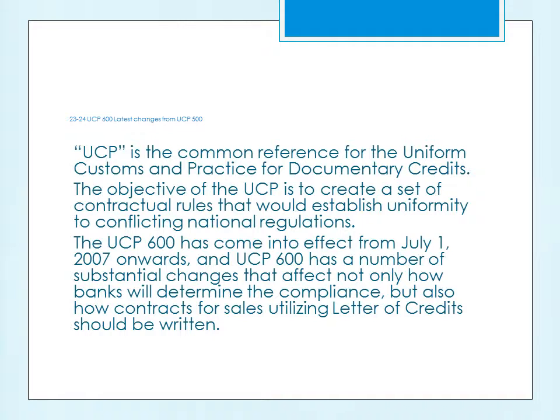The UCP 600 has come into effect from July 1st, 2007 onwards, and UCP 600 has a number of substantial changes that affect not only how banks will determine the compliance but also how contracts for sales utilizing letter of credits should be written.